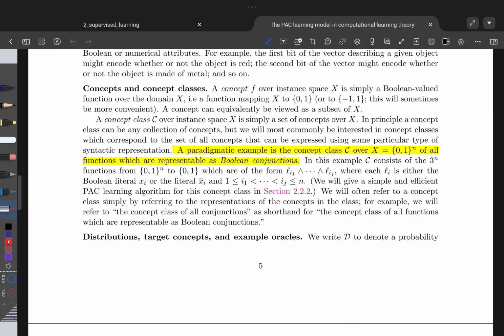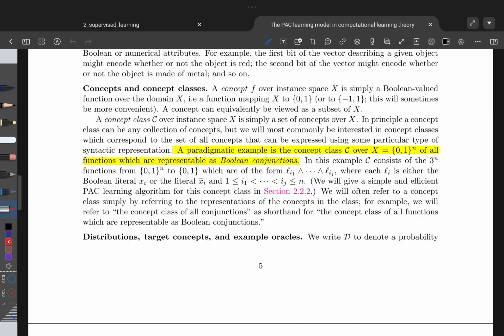So the domain is the set of all binary strings of maybe length d, right? And so there'll be two classes of domains that we'll consider. One is the class of all binary strings of length d. The other is the set of vectors of length d. And we look at specific concept classes to be learned. All right.